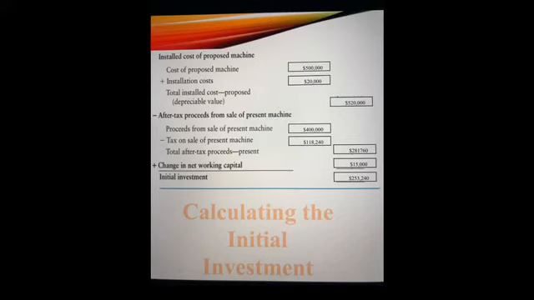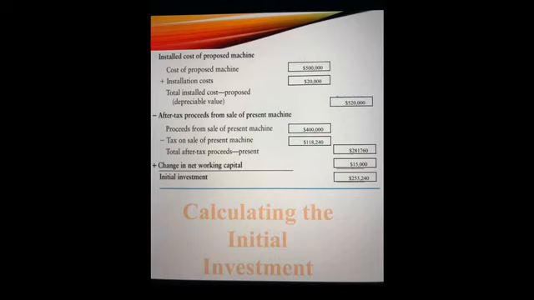So you add the $15,000 to the result of the total installed cost minus the total after-tax proceeds. The total installed cost is 520,000, and the total after-tax proceeds is 281,760.